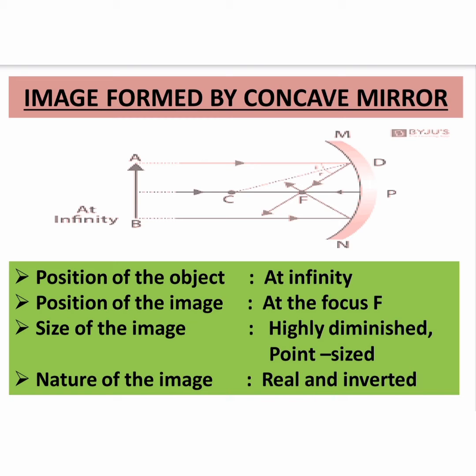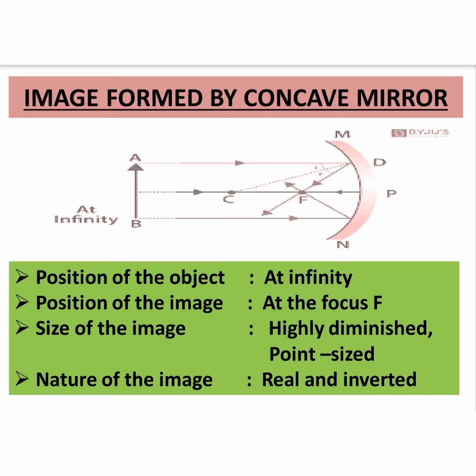So we should say it is highly diminished or point sized, because while comparing with the object position, the image is decreased more. Decreased in the sense diminished. We can also say it as point sized, in the sense a point, a very small size. While comparing with the object height, the image height is highly diminished or point sized.